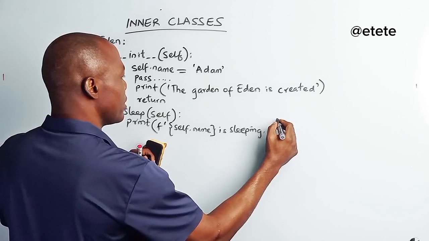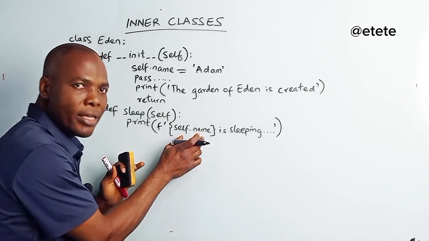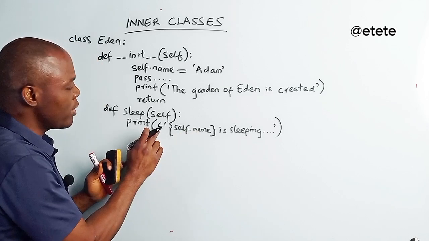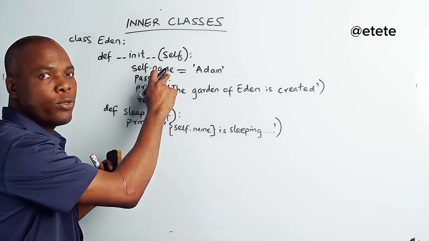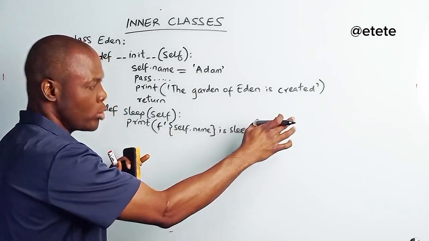So this is an expression. So when it gets to this expression, because of this format string, it will take whatever value is in this self.name, which is what? Adam. So Adam is sleeping. That's what it's going to print out.